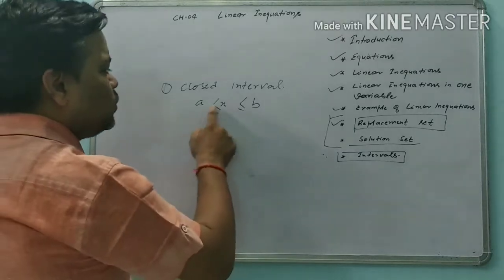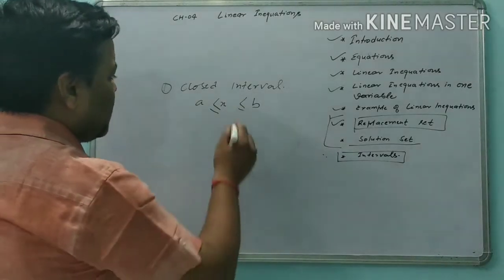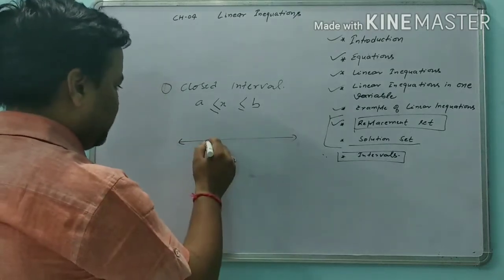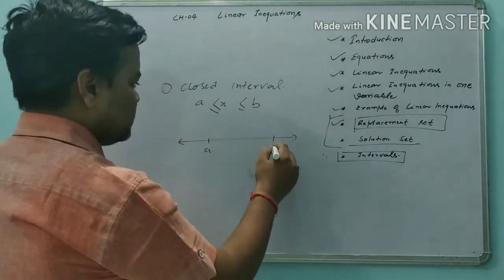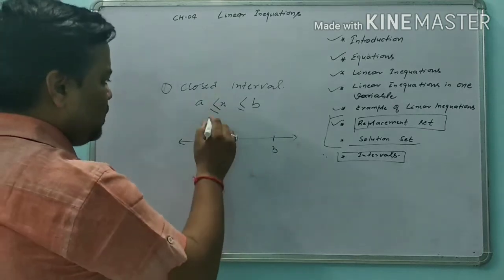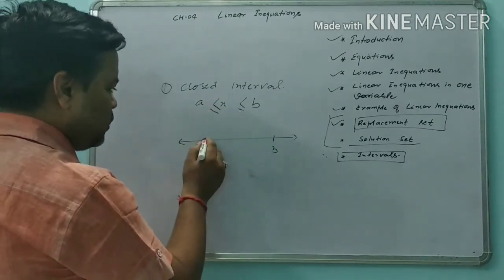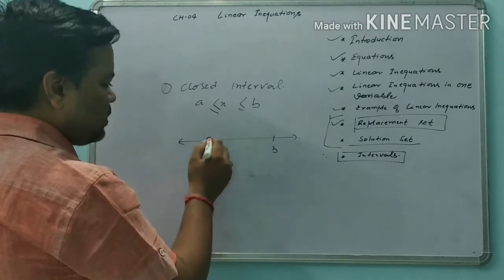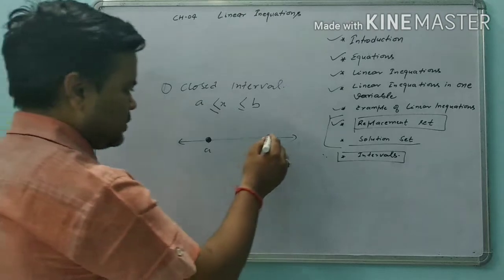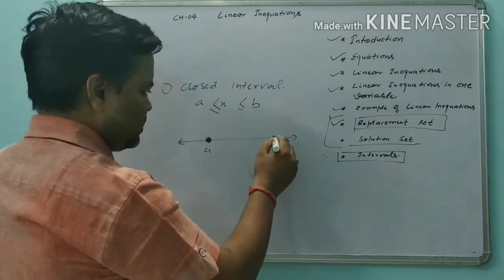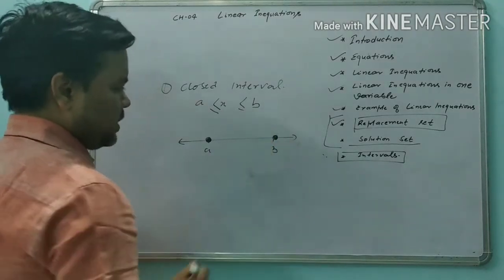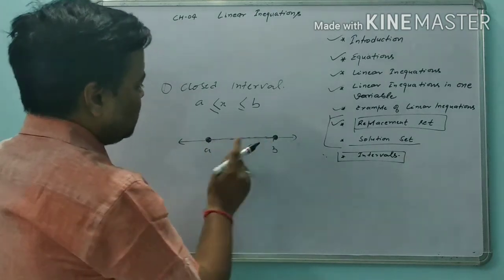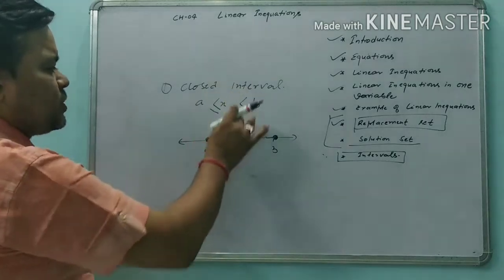Now how do we represent this on the number line? Here, this is a and this is b. Since this is a closed interval, it is less than and also equal to, therefore we make a black dot, or closed circle, at each end, and then we make a dark line between them. This represents the closed interval.